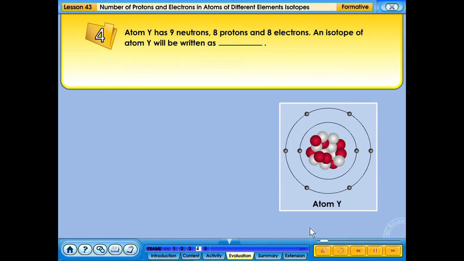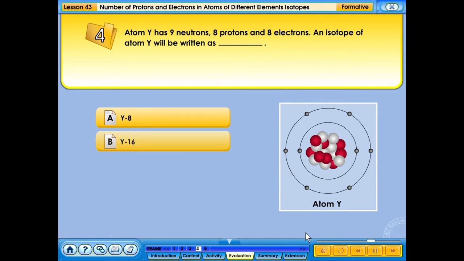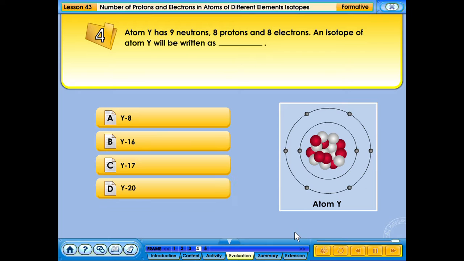Atom Y has 9 neutrons, 8 protons and 8 electrons. An isotope of atom Y will be written as A, Y-8; B, Y-16; C, Y-17; D, Y-20.